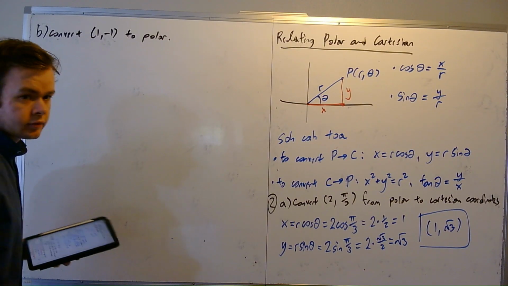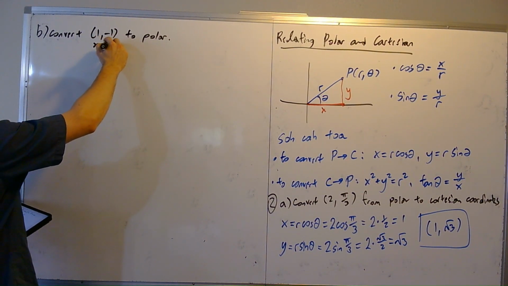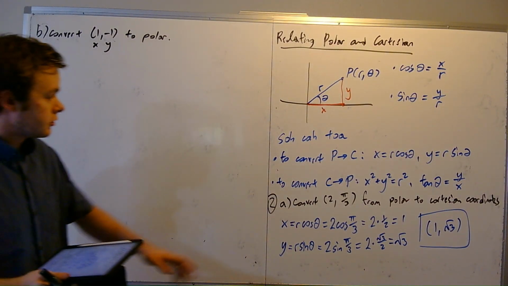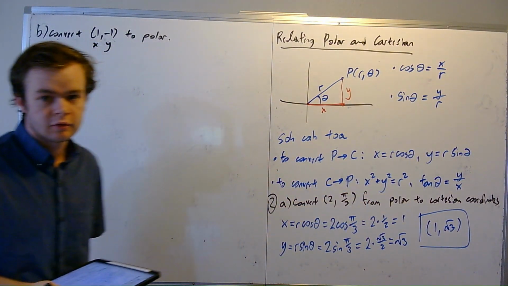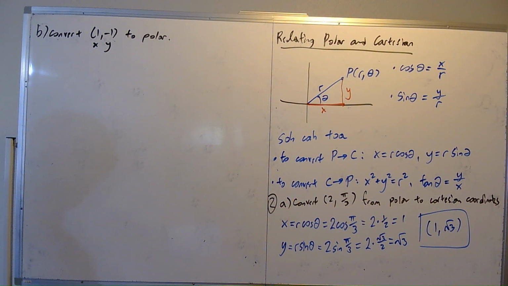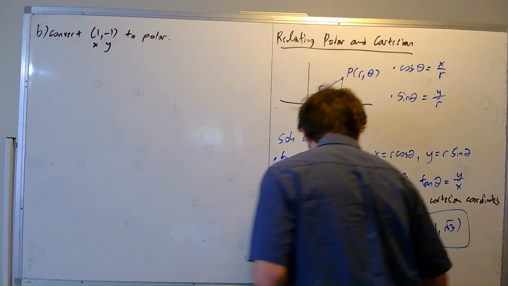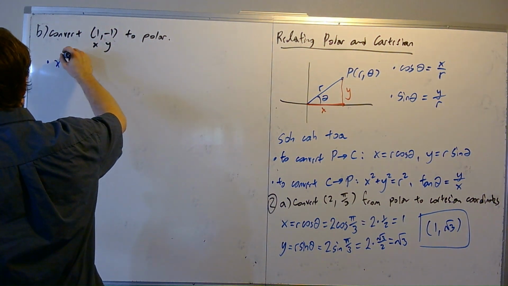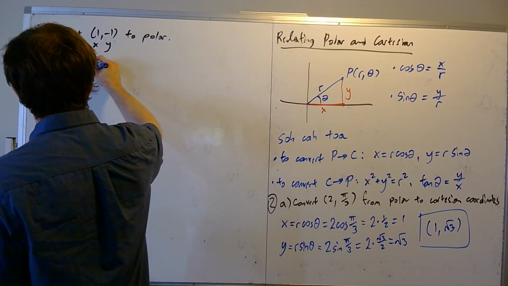Right, so this is actually already in Cartesian coordinates, so this was our x comma y, and we need to convert that into polar, and it says to go from Cartesian to polar, we need to use these two equations here. So the first one is that x squared plus y squared is going to be equal to r squared.